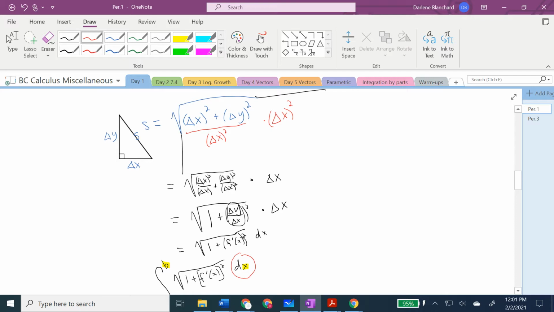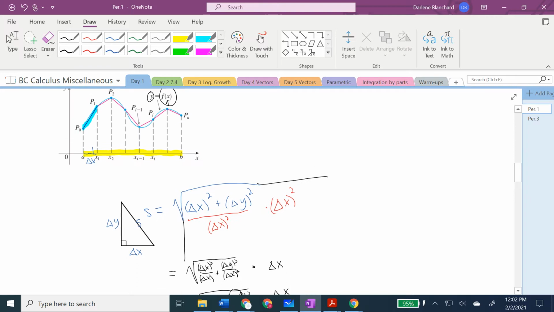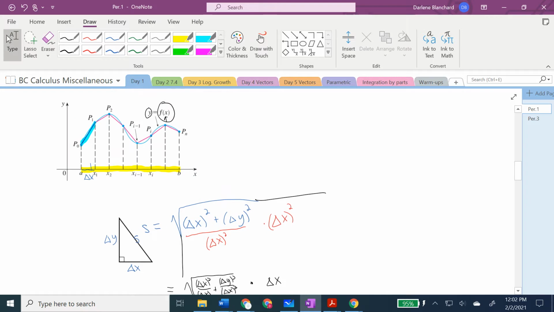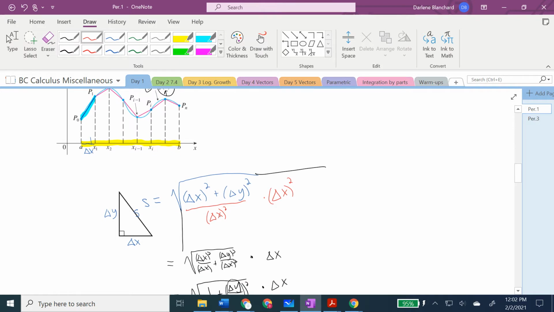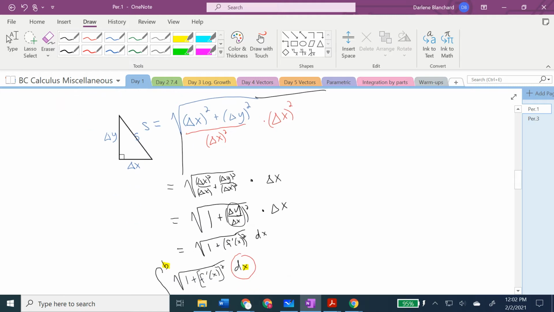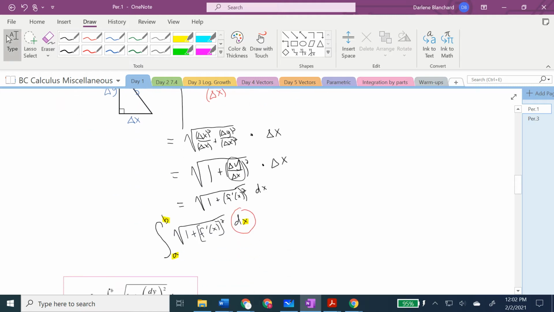That needs to be your differential. So I need to have a delta x as a differential if I am cutting x up into tiny pieces. So I divided by delta x squared and multiplied by delta x squared, and that created this formula.